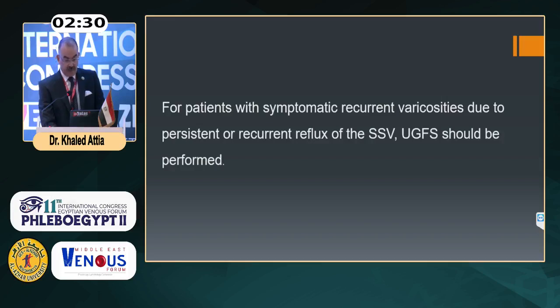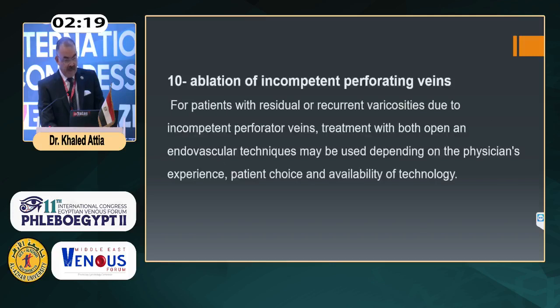For patients with symptomatic recurrent varicosities due to persistent or recurrent reflux of the small saphenous vein, ultrasound-guided foam sclerotherapy should be performed. Ablation of incompetent perforating vein. For patients with residual or recurrent varicosis due to incompetent perforator vein, treatment with both open and endovascular technique may be used depending on the physician experience, patient choice, and availability of technology.